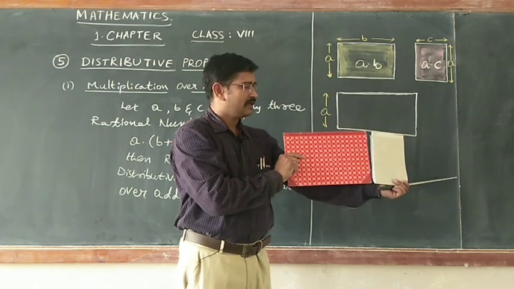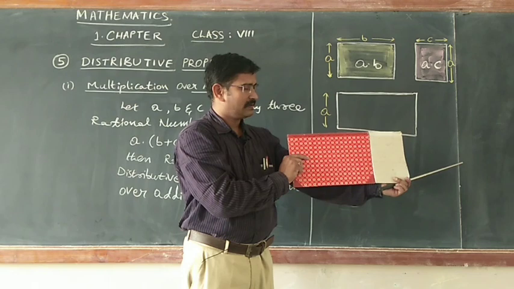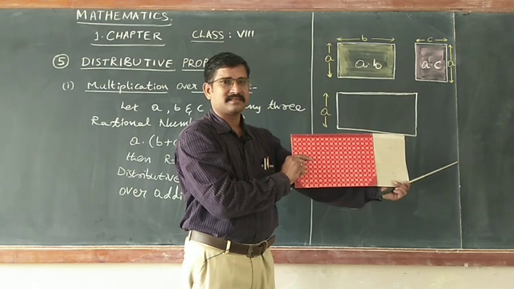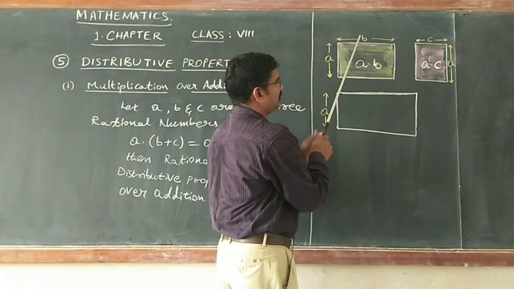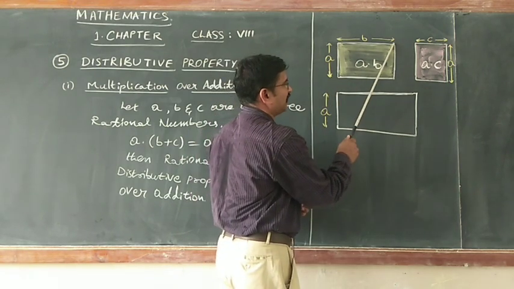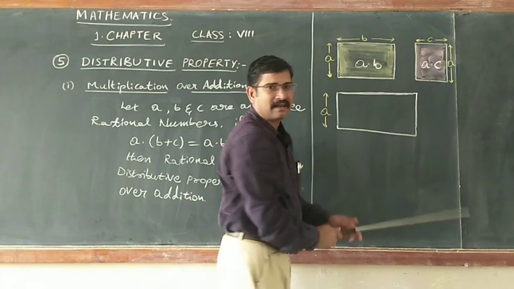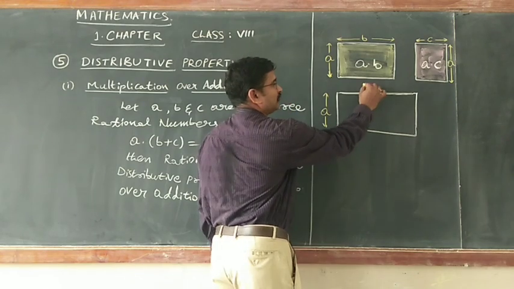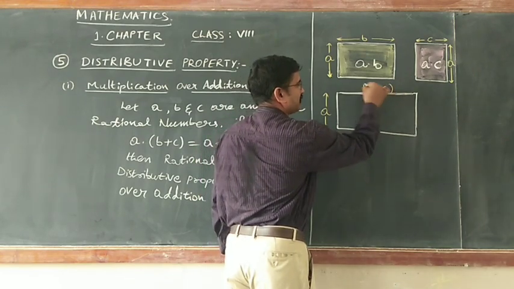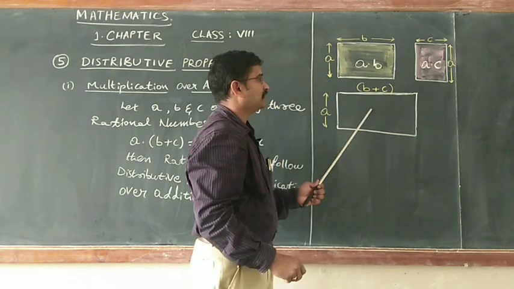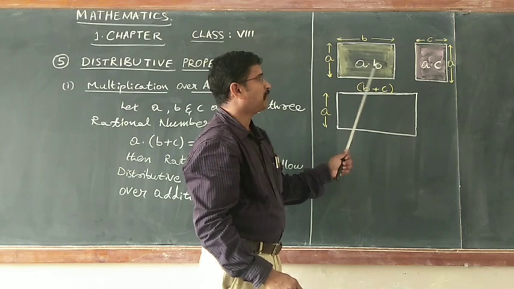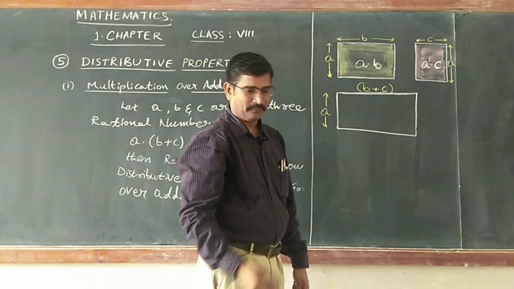That means it is b plus c. Here this length is added to this breadth. So, b plus c is the new length of a bigger rectangle formed by both these two pieces.